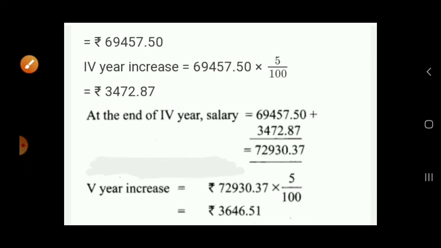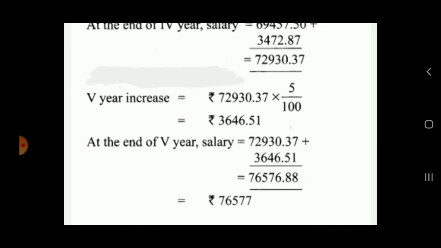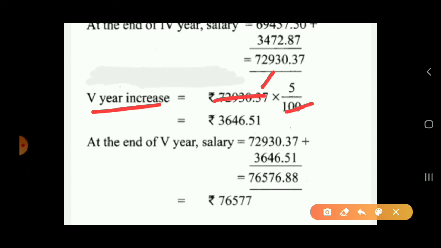Then the fifth year: the fourth year end value into 5%, you get 3,646.51. Adding these two, you get approximately 76,577, the approximate salary at the end of the fifth year.